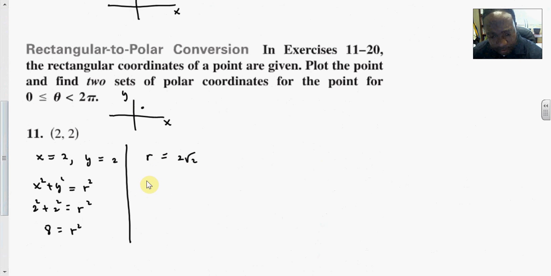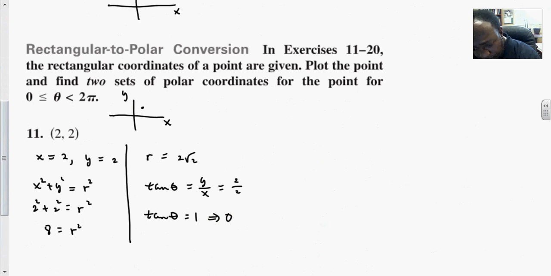Now in terms of theta, the angle, we need the tangent. So tangent theta is equal to y over x. That's 2 divided by 2. So here we have tan theta is equal to 1. When is tan theta equal to 1? That's when theta is 45 degrees.